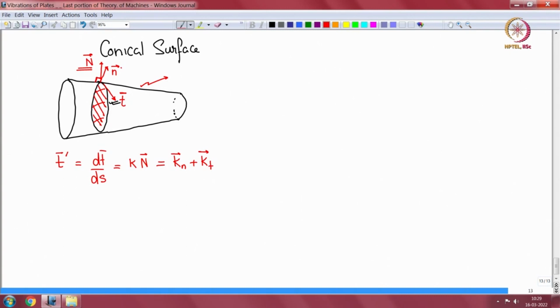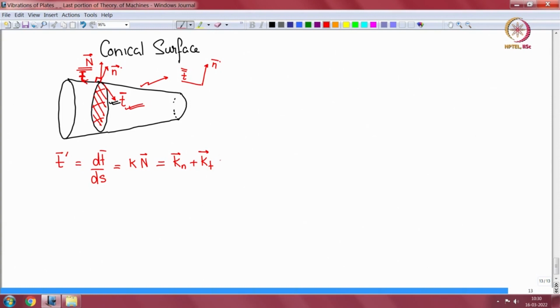Okay, this is the tangent to the, this is also a tangent, but that's tangent to the surface. Okay, I have a local normal here and a tangent here. Maybe I'll put a double bar to separate it from this tangent.